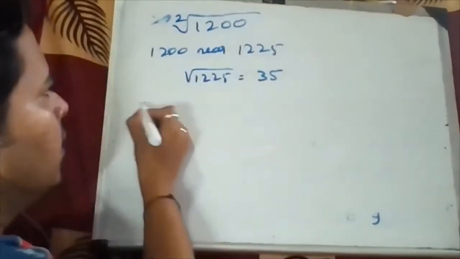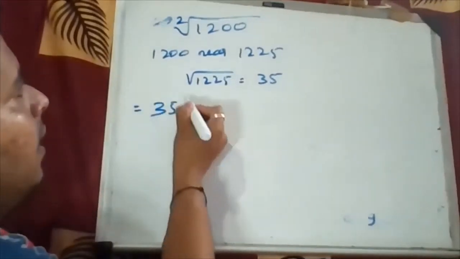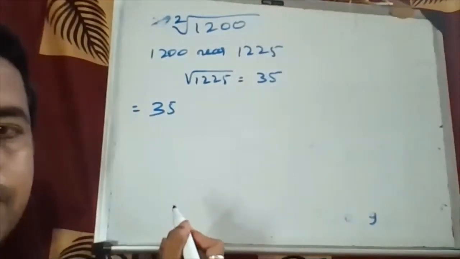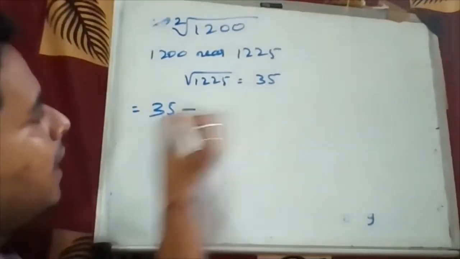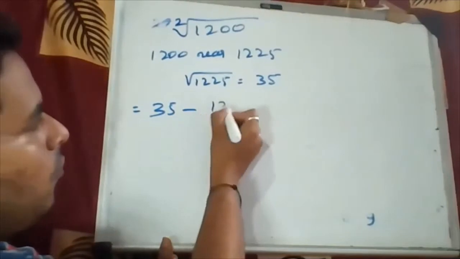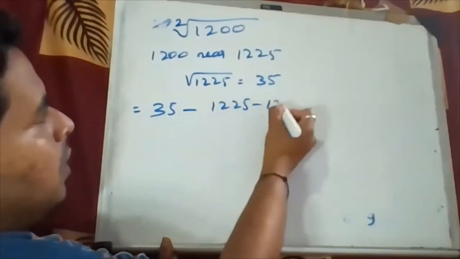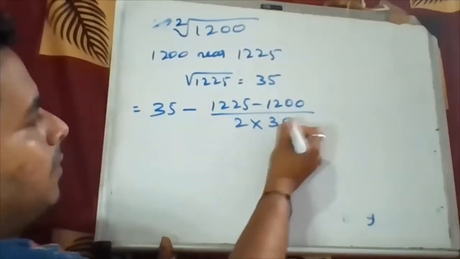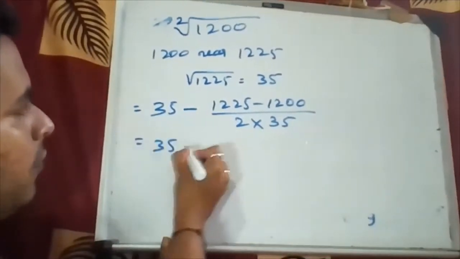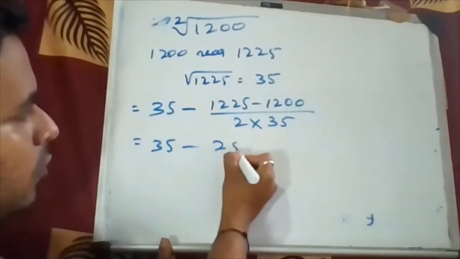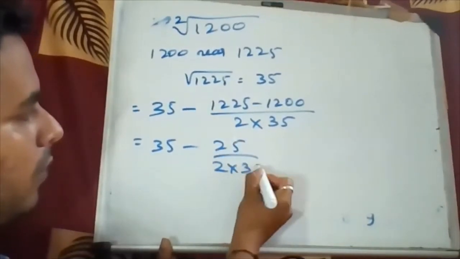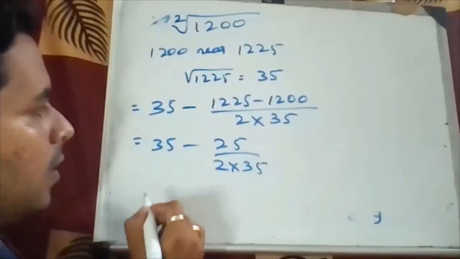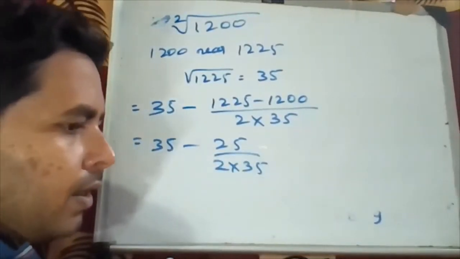So what I'll do here, I'll take 35, and here it's a bigger value. 1225 is a bigger value, so I'll take minus: (1225 minus 1200) divided by 2 into 35. So here if you subtract, you'll get 25 by 2 into 35.